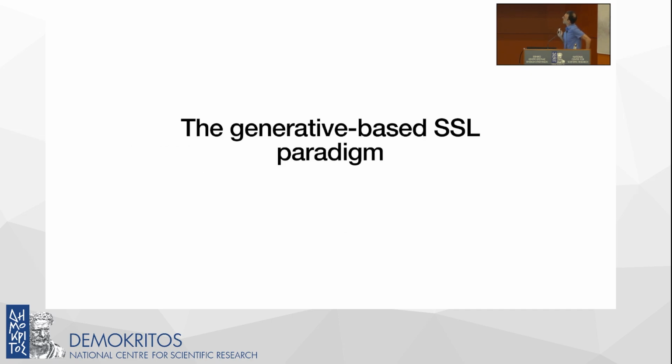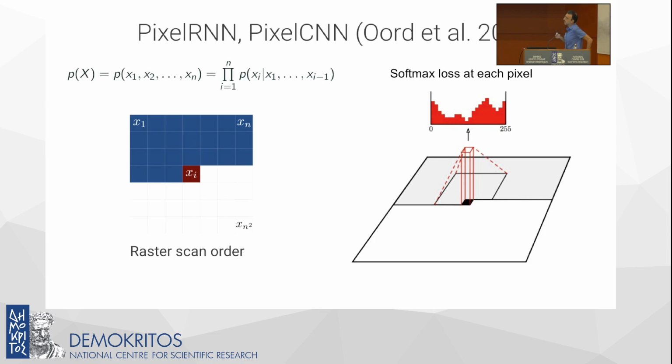One last comment is basically the following. If you take this masking or self-prediction approach to the extreme, meaning you hide all of your signal, this is going to lead to the so-called generative-based approaches. In this case, your pretext task is what? You are training a network to generate your data, your images, whatever, from scratch.